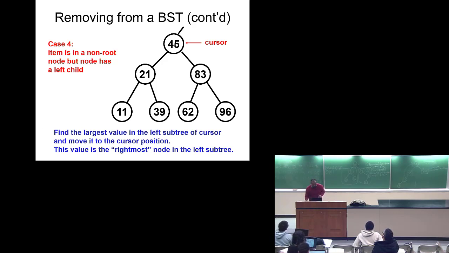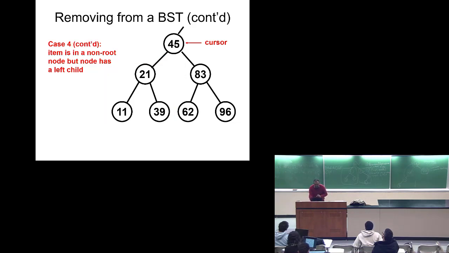What we do is we find the largest value in the left subtree. This is the left subtree. What is the largest value of the left subtree? 39. You all agree with me? So we find the largest element of the left subtree, which is 39, and replace 45 with 39.